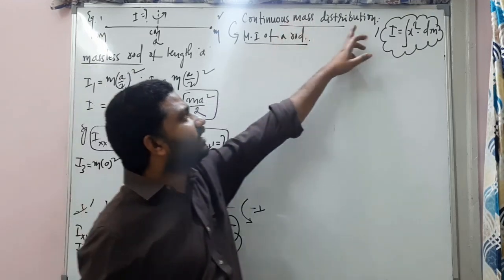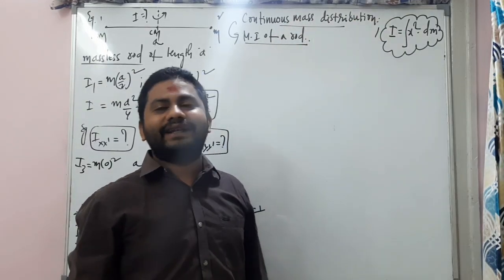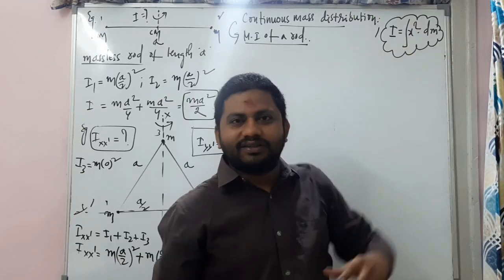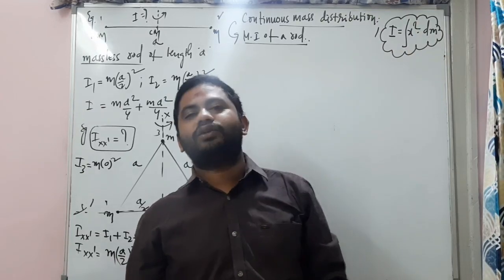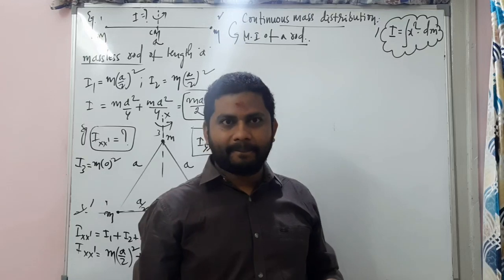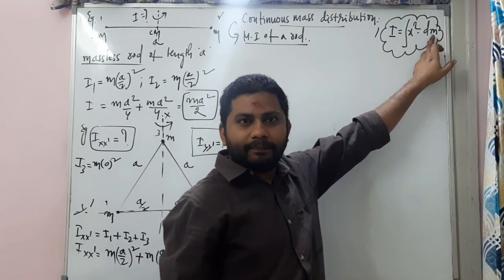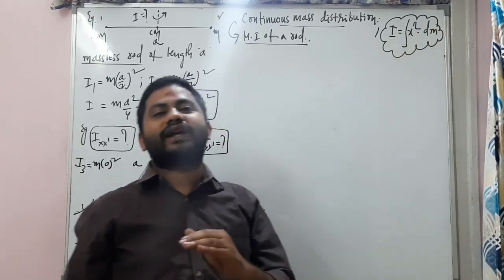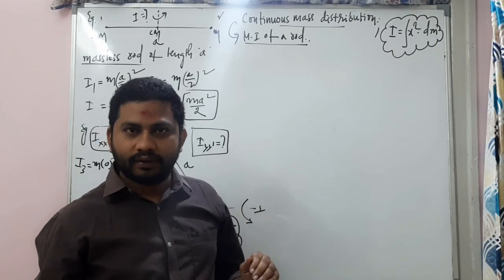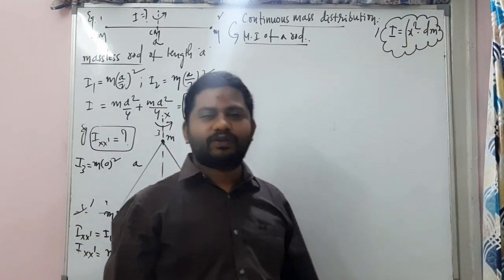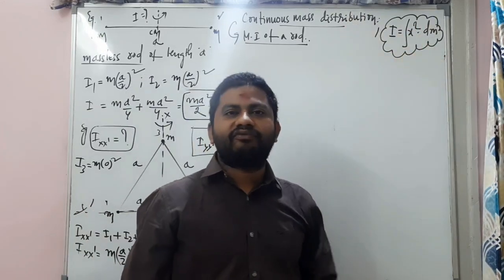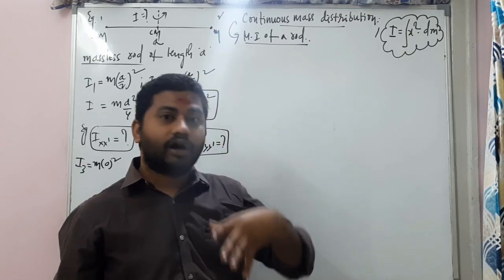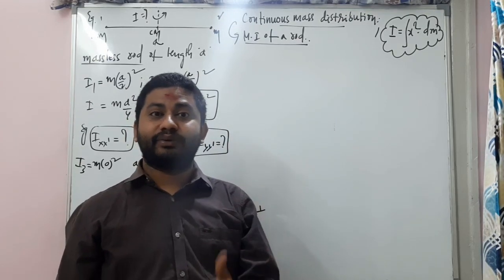Most of the students will keep dx here because you know integrations very well, integral x square dx gives x cube by 3. But it's not dx, it's dm. Integral x square into dm. Once again, do not get confused here, my dear children. This is the one and only formula by which you can solve most of the concepts of moment of inertia of a continuous mass distribution.